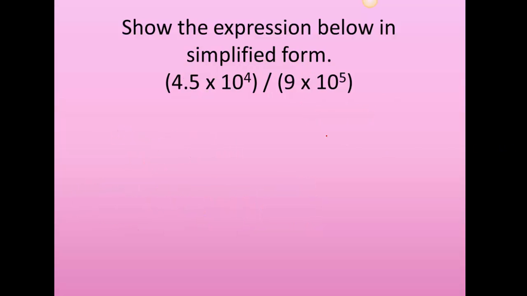Alright, so now instead of multiplying, we are dividing. So you can rewrite this as 4.5 times 10 to the 4th. Divide that by 9 times 10 to the 5th.